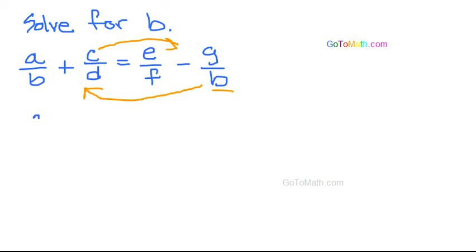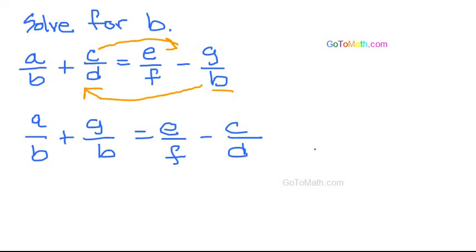Okay, so we end up with A over B. Moving this over to the left is going to make that positive. G over B. And moving the C over D over, since it's positive, we move it to the right, it'll become negative. We'll go ahead and rewrite that. So minus C over D.